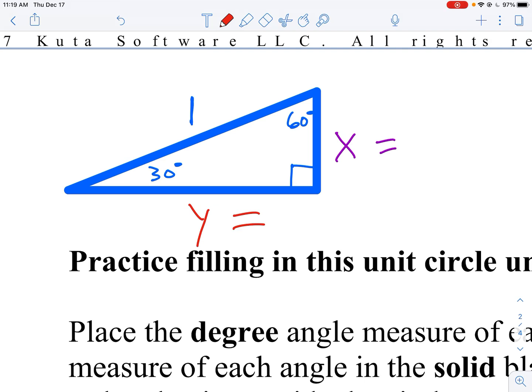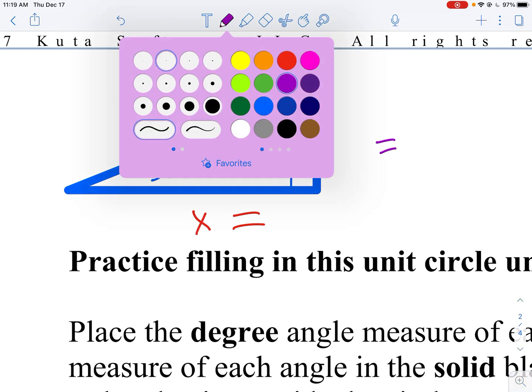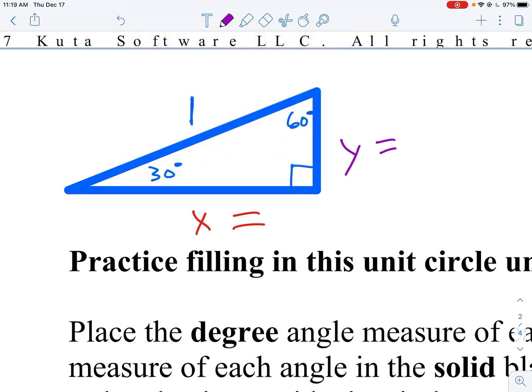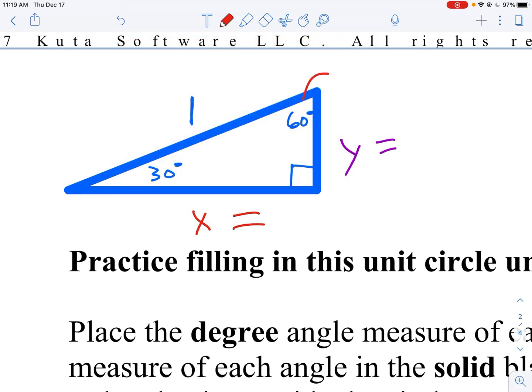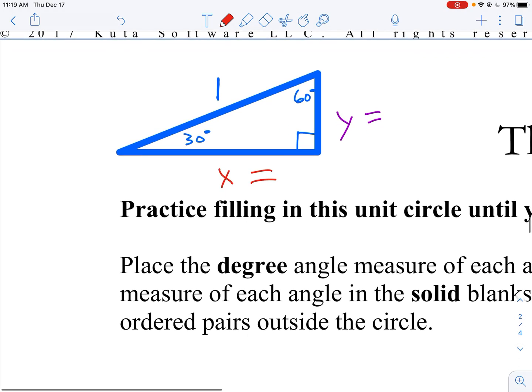Horizontal is x and vertical is y on our coordinate plane there. So let's go ahead and get this horizontal component. Actually, we're going to get the vertical component first, because I know a few things about these special right triangles.